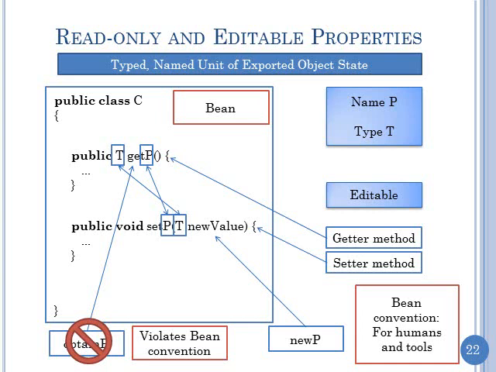These conventions are good for humans, because there's no challenge in understanding. They're also good for tools, because a tool like ObjectEditor can mechanically look at your program, figure out what your getters are and what your setters are, and create a user interface out of it.